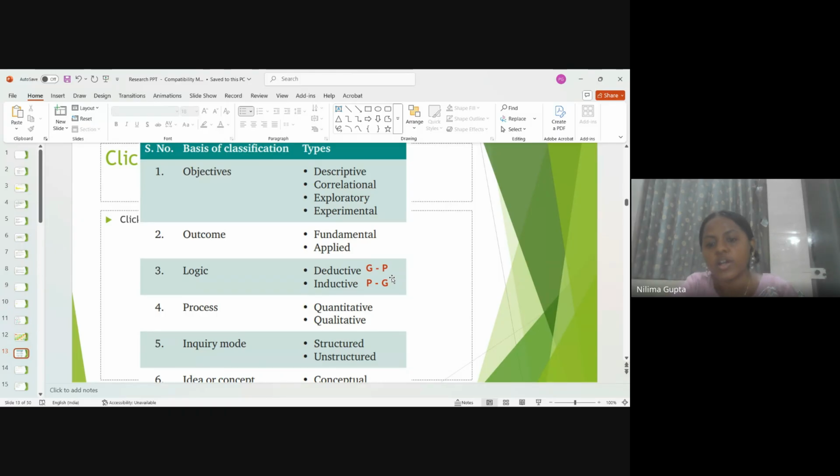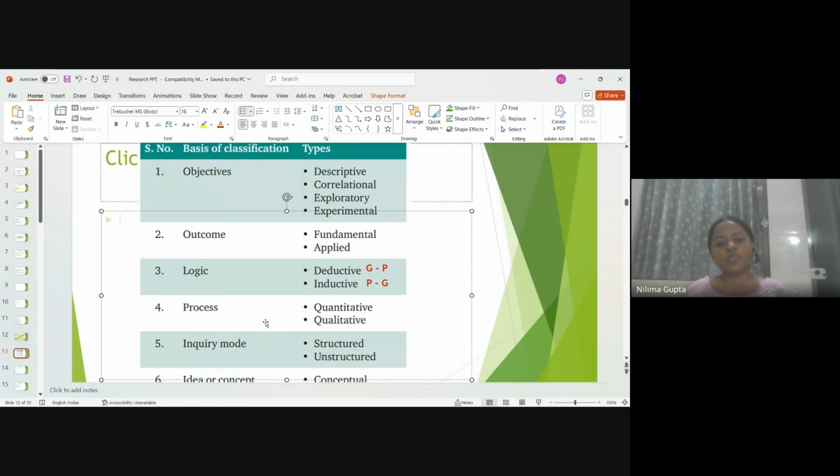As of now, if you have understood this much about inductive and deductive, it is more than enough. You should be very clear about whether it is general to particular, or particular to general. Again, note it down: DGP. Deductive is DGP, and then the vice versa.